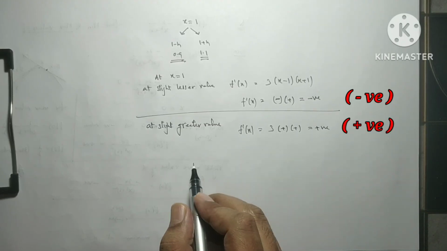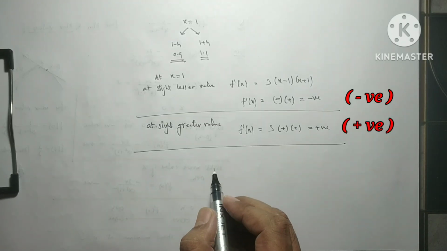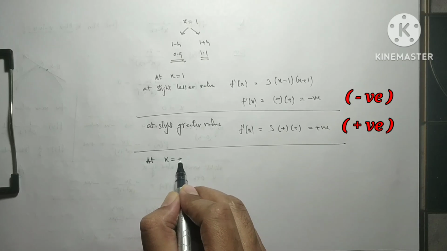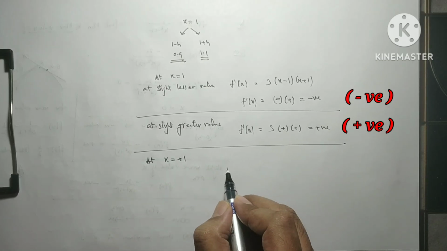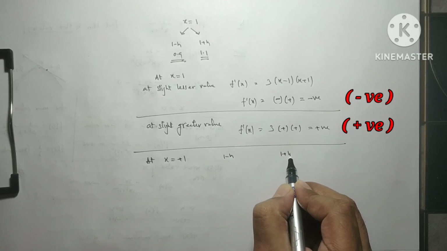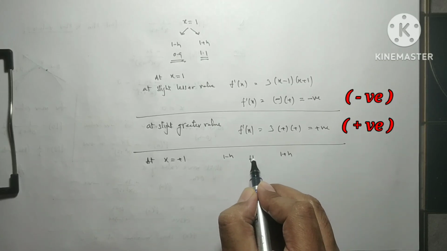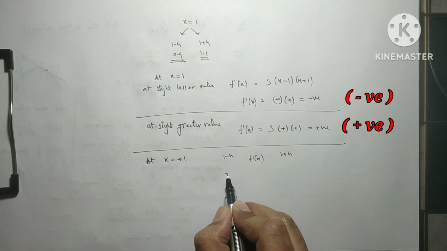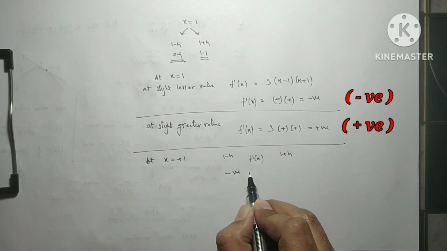So the sign of f dash x at x equals 1, with slightly lesser value 1 minus h and slightly greater value 1 plus h, changes from negative to positive.